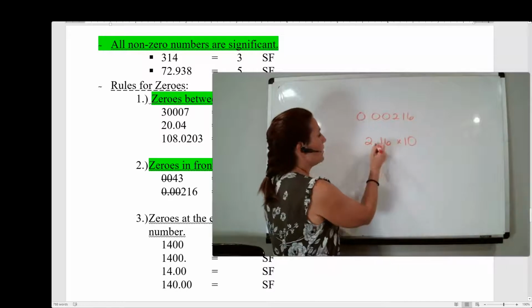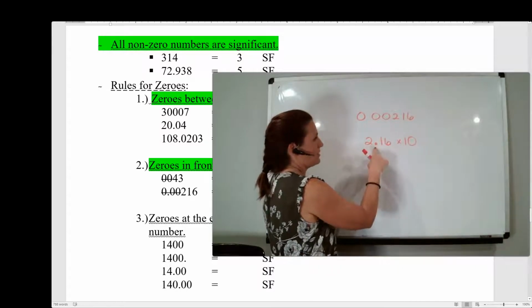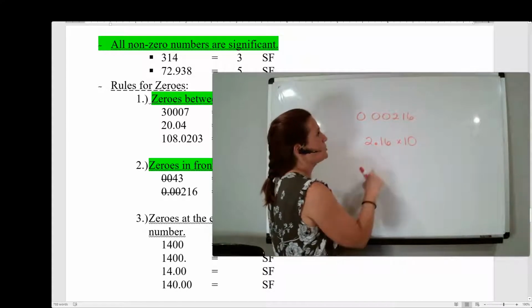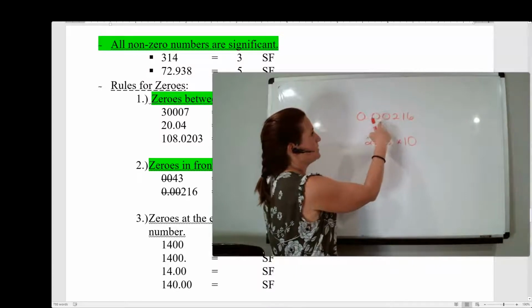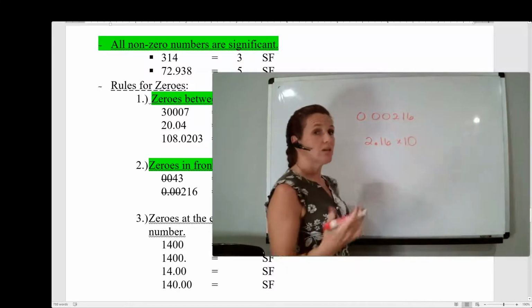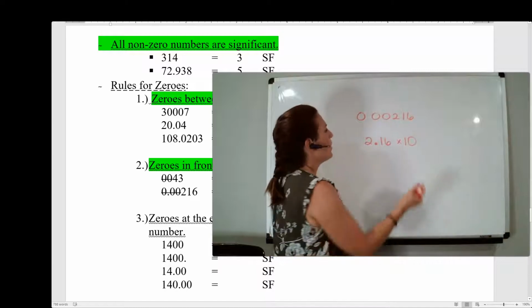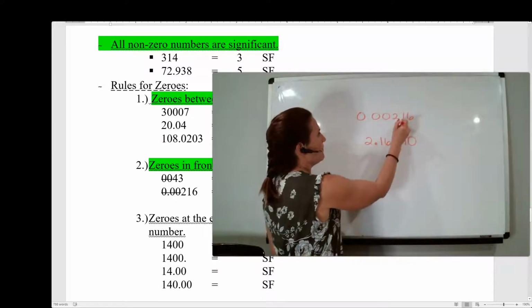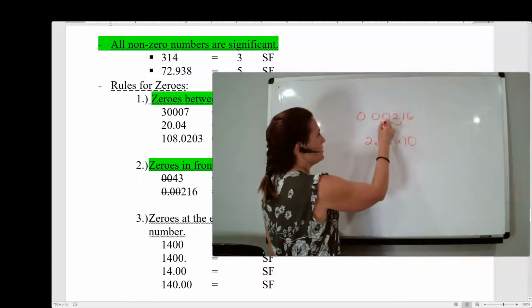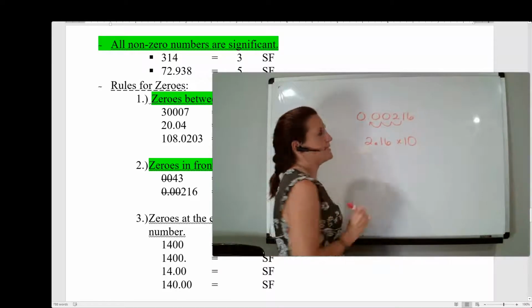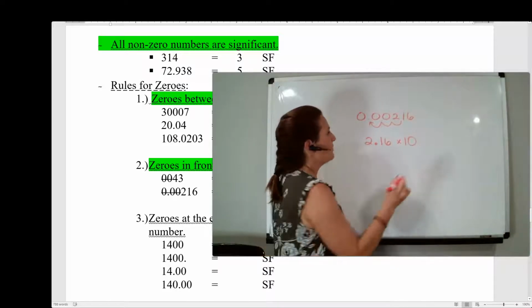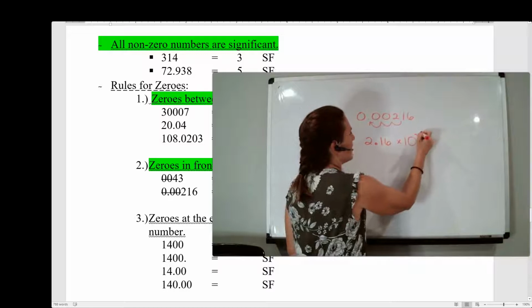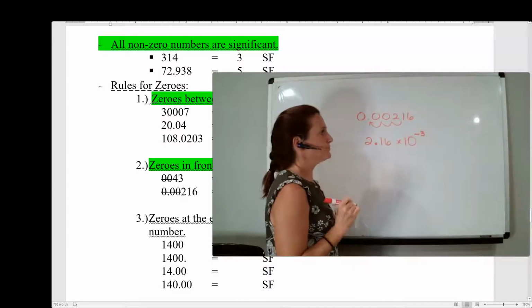If I wanted this number, 2.16, to become 0.00216, the question is, how do I do that? Well, I would need to move my decimal place 1, 2, 3 places to get there. That means that this is times 10 to the negative 3rd power.